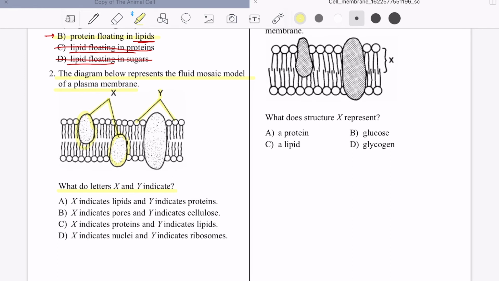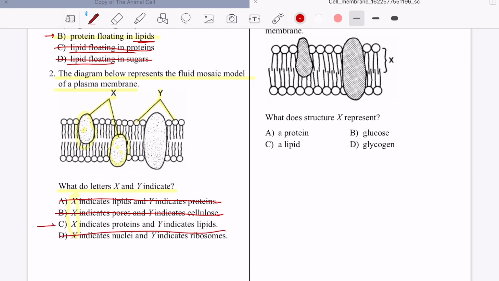Let's start eliminating. You see how they all have X here? X is pointing to protein channels, so it's not lipid. They're not pores, and they're not nuclei.